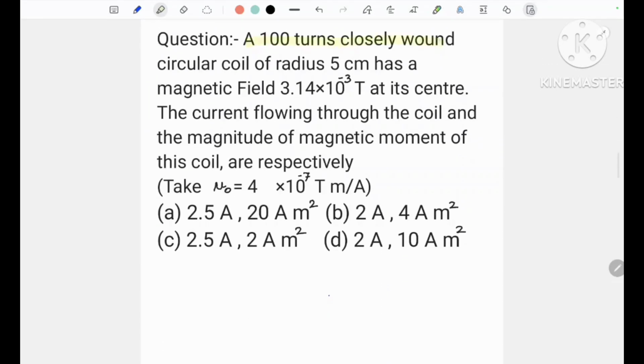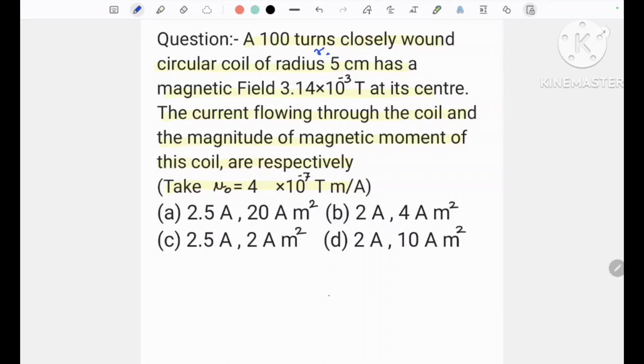A 100 turns closely wound circular coil of radius 5 cm has magnetic field 3.14 into 10 to the power minus 3 Tesla. The current flowing through the coil and magnitude of magnetic moment of this coil are respectively. Take mu naught is 4 pi into 10 to the power minus 7 Tesla meter per ampere.